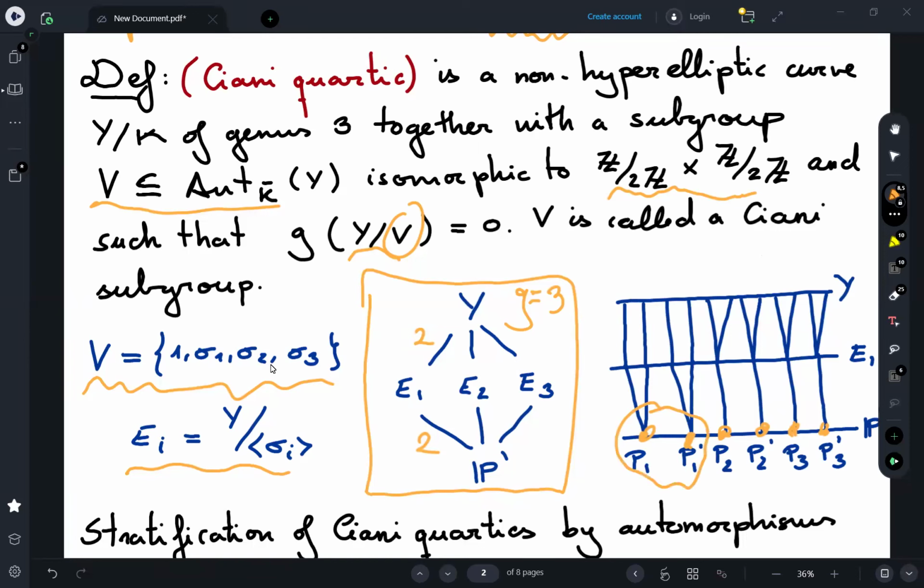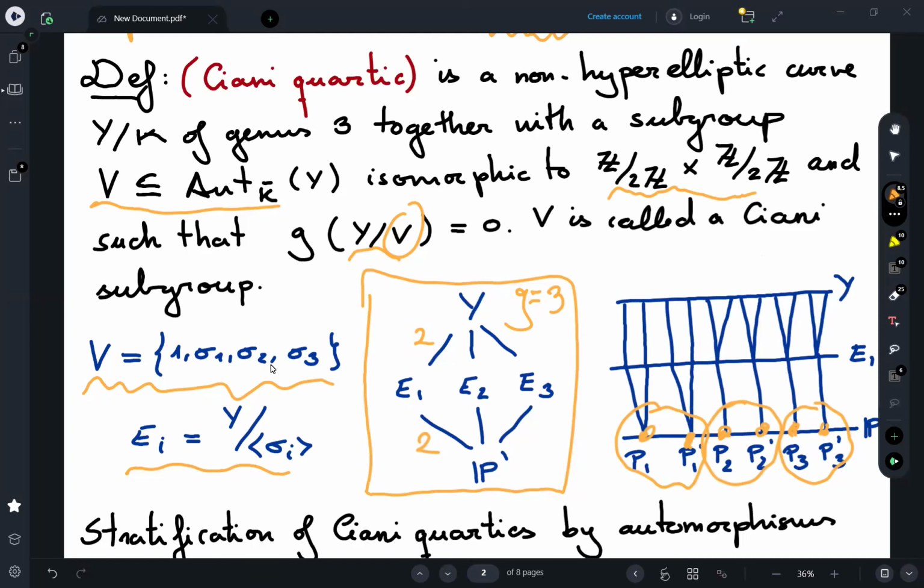So you have 2 points here that go together, other 2 points here, and other 2 points here, given by the ramification type that I gave you in this diagram. Okay, so this is a Ciani quartic.